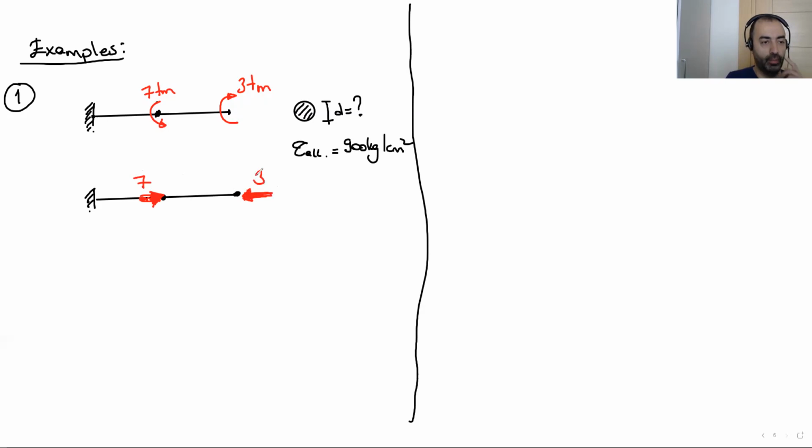After we convert these moments to vectors, the other steps are the same as for an axial force diagram. Now you can draw the axial force diagram for these two vectors. Assume these vectors are like axial forces and draw the axial force diagram. That's it. That gives us the torsional moment diagram.